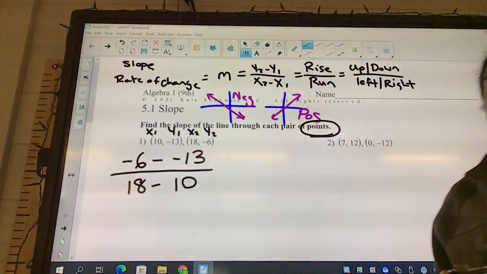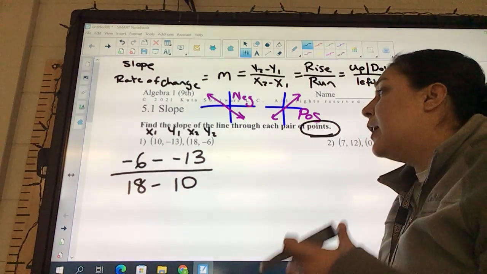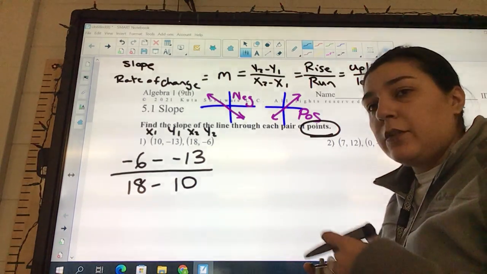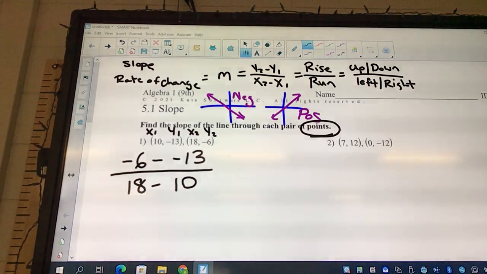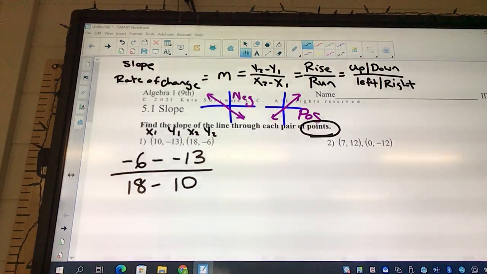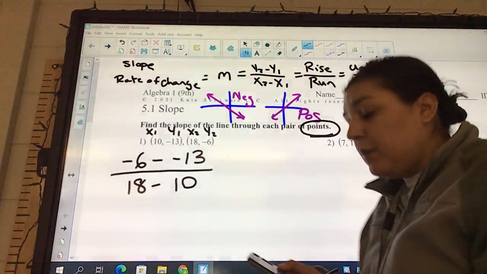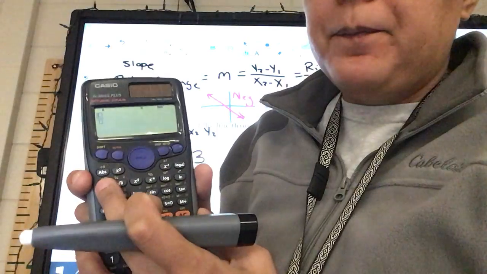Okay, and my suggestion would be to use a calculator because we need it in lowest terms. If you do it in your head, that's totally fine. But make sure that you reduce that fraction manually, okay? But the calculators are nice because it does it for you. So on the calculator, push the on button. You're gonna push the fraction button, okay?